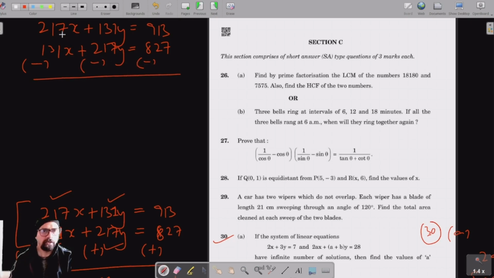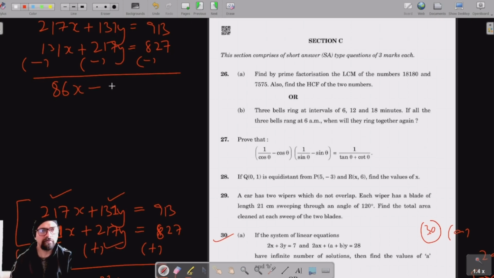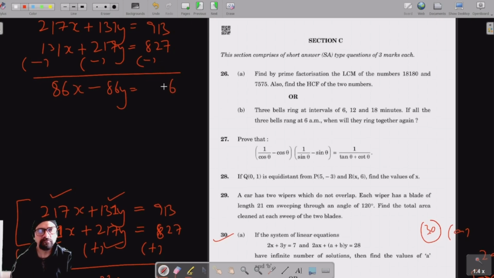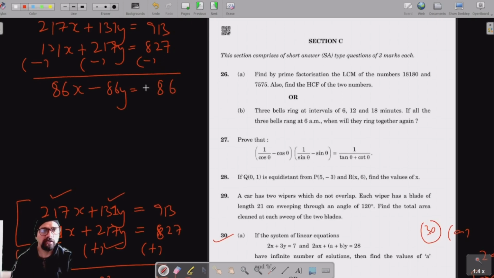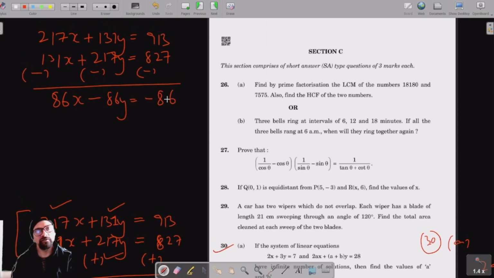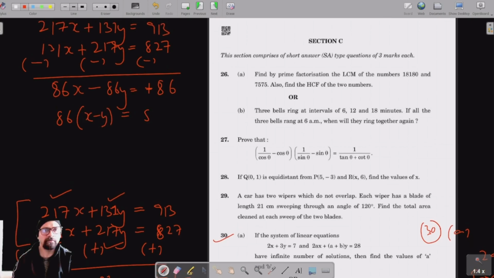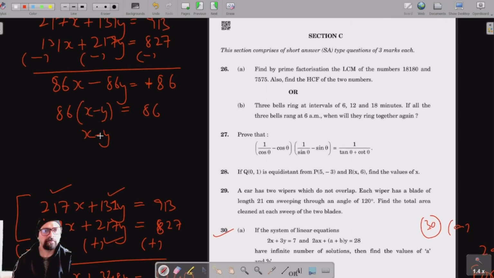Now let's subtract these. 217 minus 131 is 86x, and this is negative 86y, and 913 minus 827 is 86. So 86 is common, and it's x minus y is equal to 86. So this gives us x minus y is equal to 1.